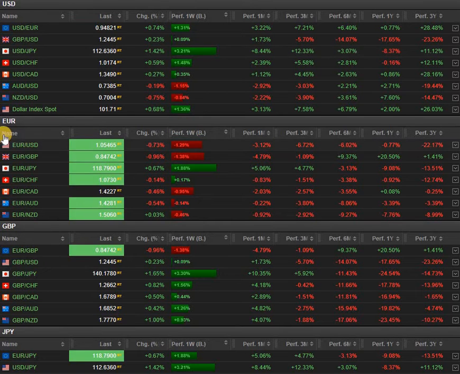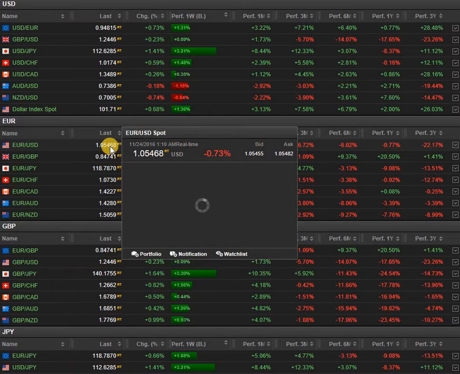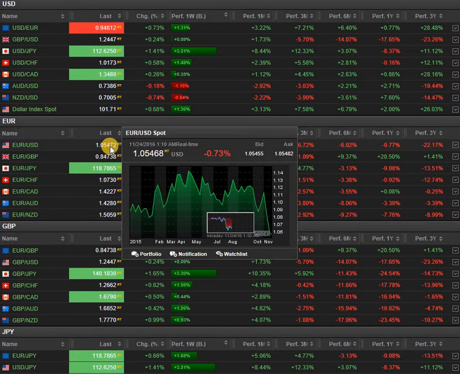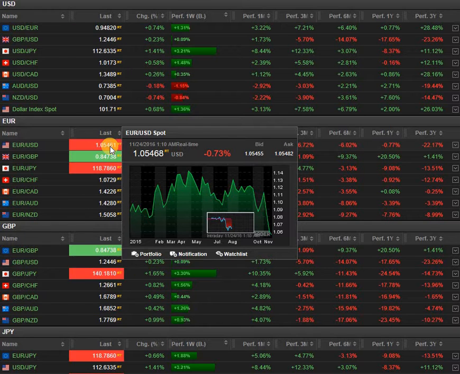Now if you look at this chart, these are crosses. Euro dollar is a direct, which is trading at 1.05. Treasury Consulting LLP long ago predicted that euro dollar will go down to 1.05, considering that the Italian referendum is on the cards. Although the current government has already said that whatever the result of the referendum, they are not going to step down.